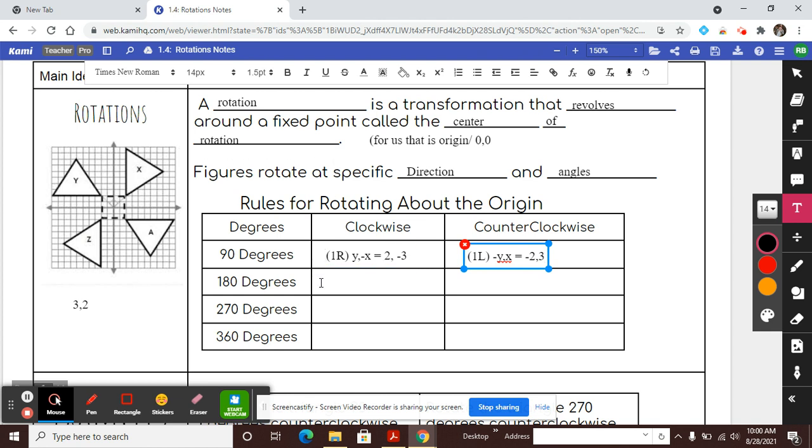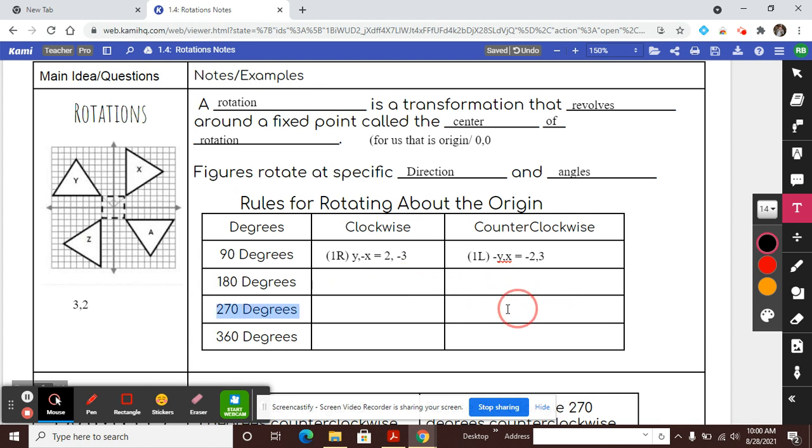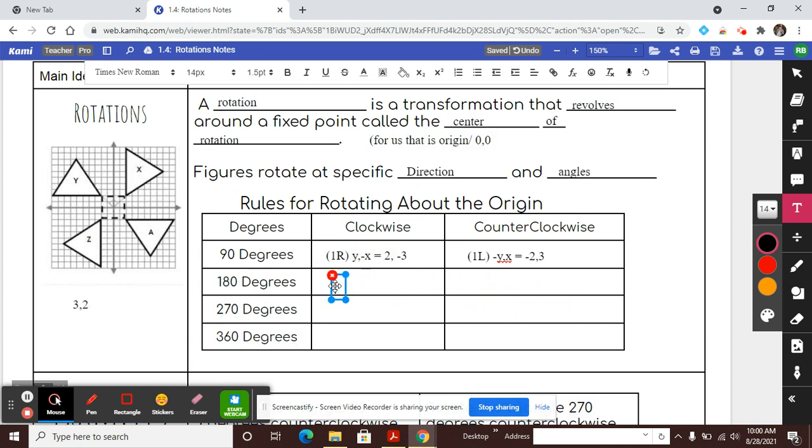Our next one is 180 degrees. I'm going to just let you know that both of these are the same. No matter which one you're doing, both of those are going to be the same, because if you think about it, if I go two right, I'm going 1, 2, I end up here. If I go two left, I'm going 1, 2, I end up in the same place no matter what.